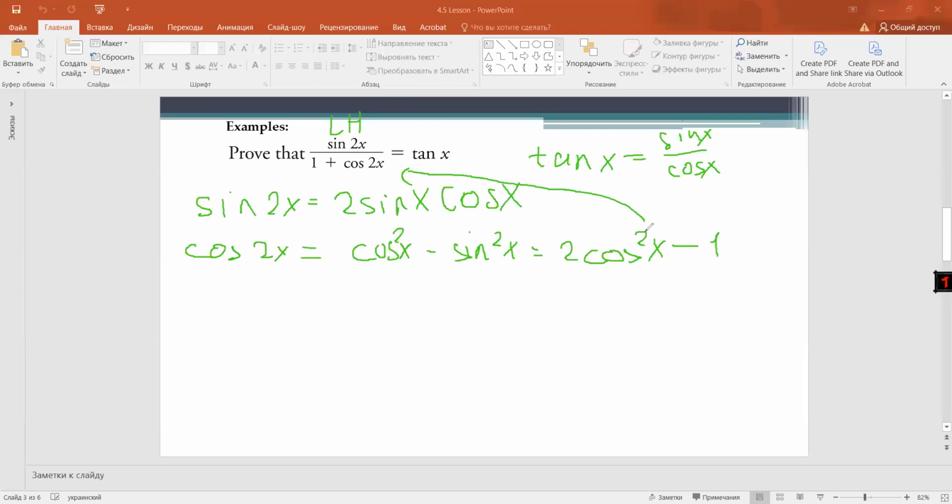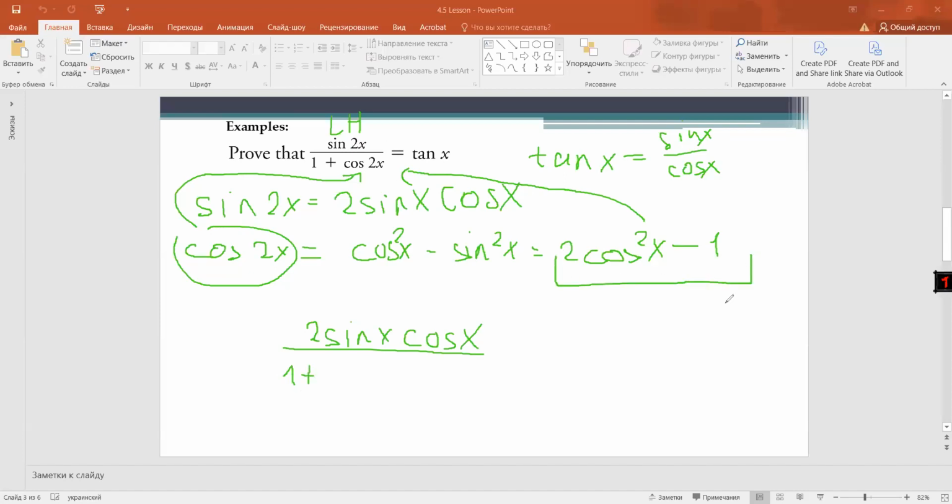So cosine squared x subtract 1. And if we substitute it for cosine 2x in our initial formula, look what we're going to get. Sine 2x equals 2 sine x times cosine x. Okay, let's rewrite our initial equation with identity form. Then 1 plus cosine 2x.